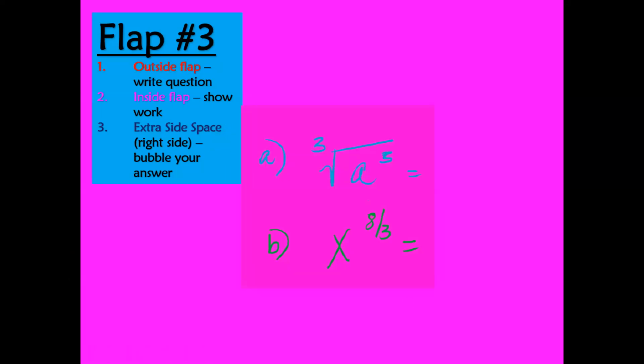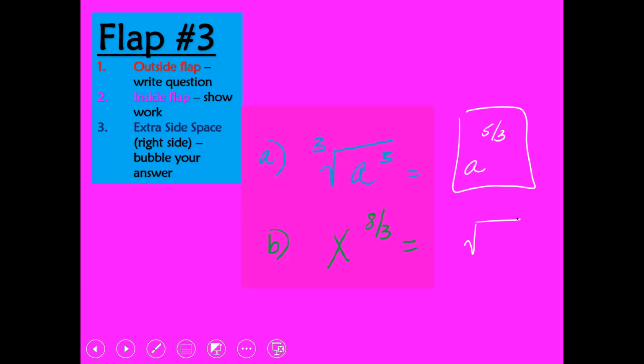Let's take a look at number 3. For number 3, you're going to be rewriting this from exponential to radical form that we learned from yesterday, which is Thursday. With the first one, your question is going to be a to the 5th over 3. With this one, you have your radical right here, and we're going to put it into exponential form, or sorry, from exponential form to radical form.